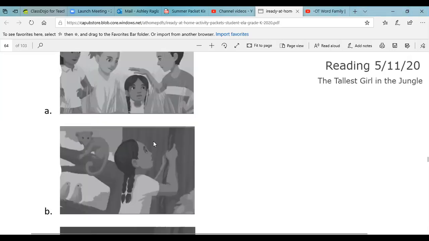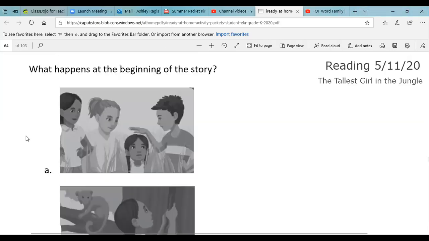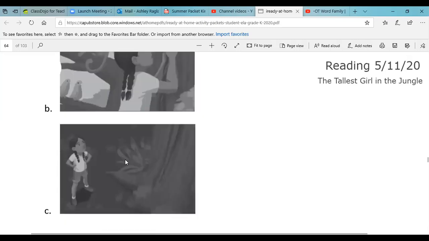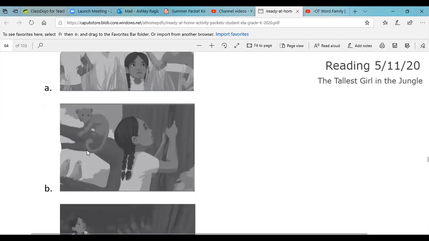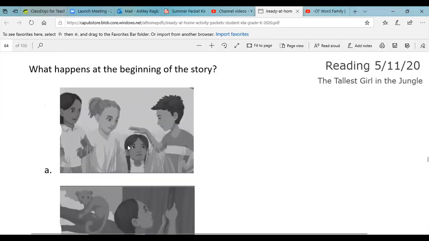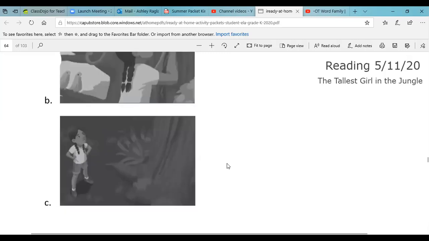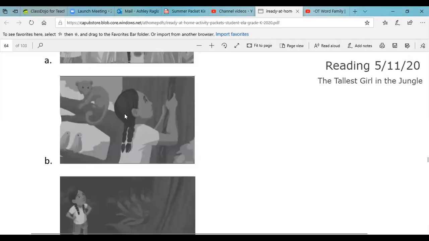So which of these happens first? Which one's at the very beginning of the story? Did she think about climbing the tree first? Did she climb the tree first? Or did she get made fun of and teased first? Think about it. I think all of you probably know this answer, right? You know that she was not climbing the tree at the beginning.